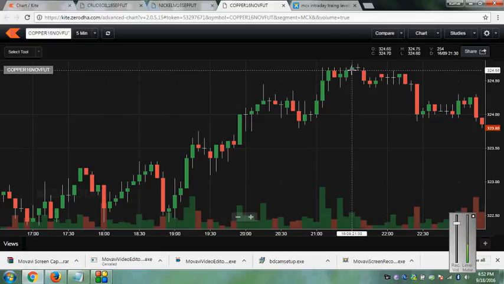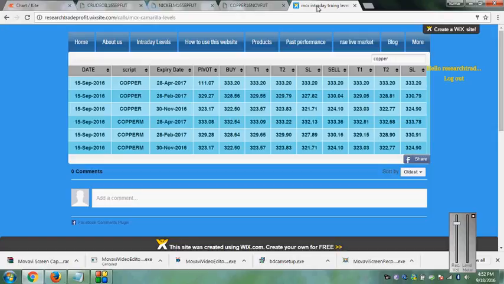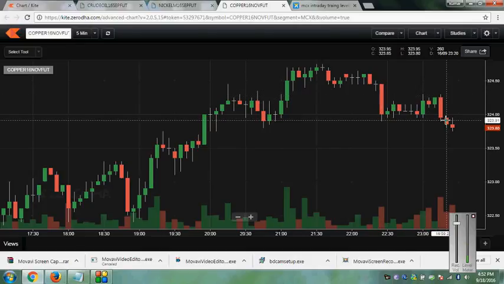Again the stop loss is not triggered, and our target was 323.05. Let us check what was the low. 323.90. Okay, 323.80. 323.75 was the closing level. 323.80 was the day closing.